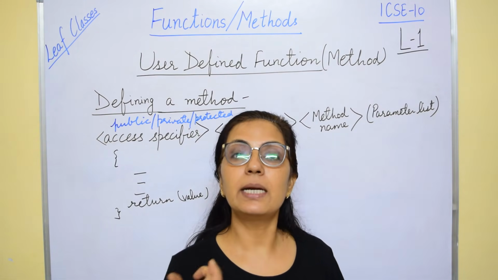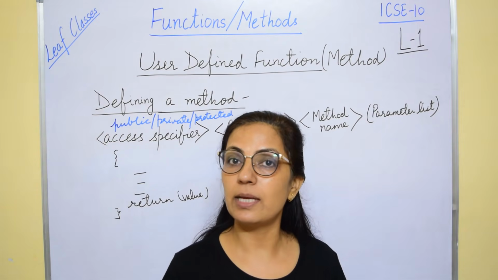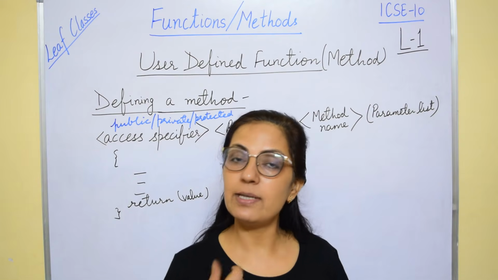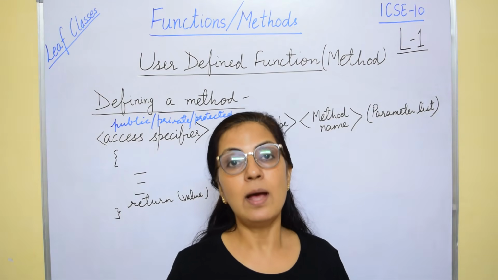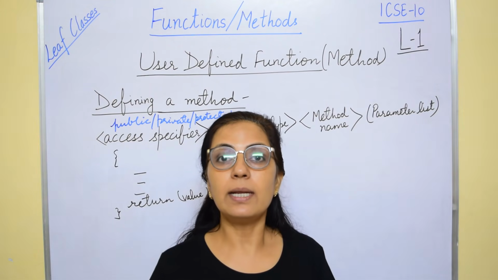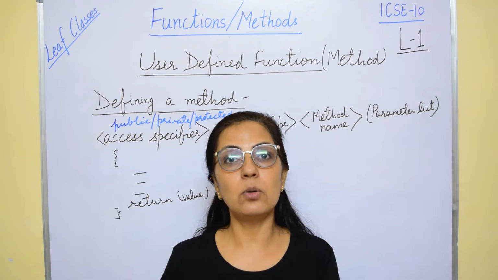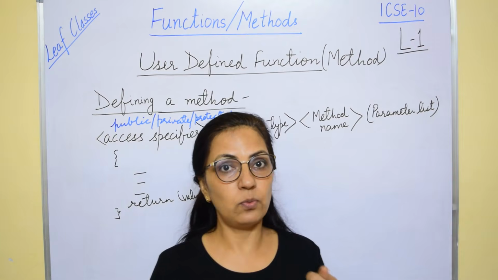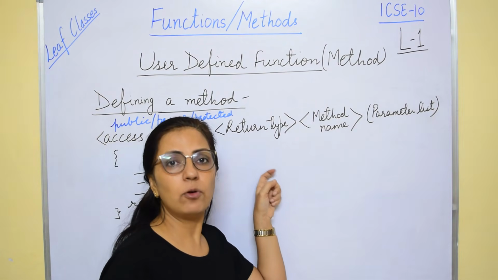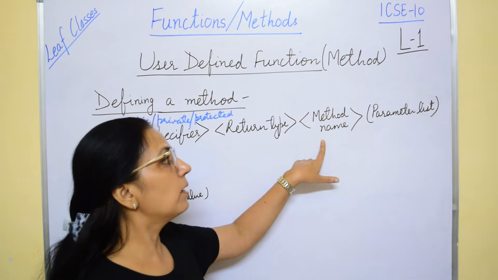So double is the return type of math.sqrt. If I take charAt function, that function always gives me char value. Substring function gives me a string value. So what is the return value? According to that we write the return type. It can be int, char, float, double, anything, even boolean also.